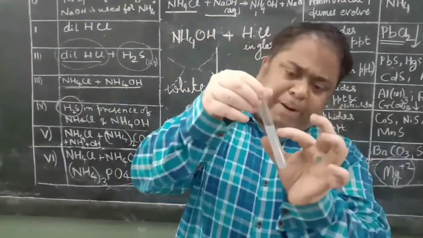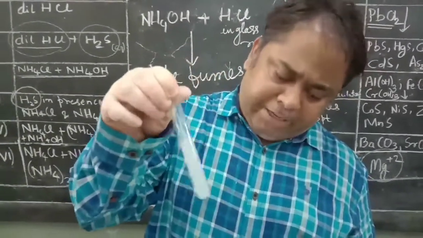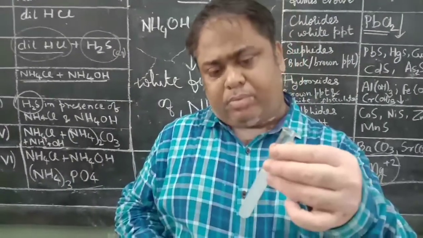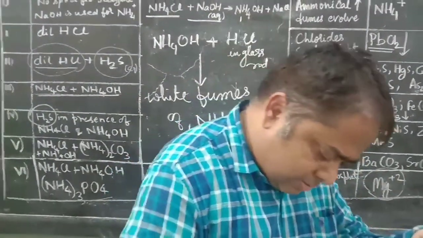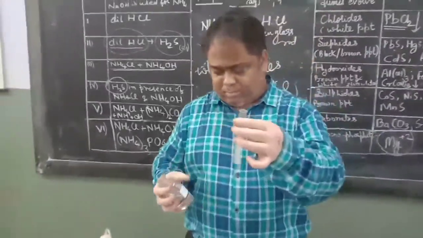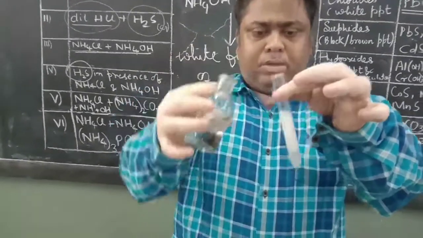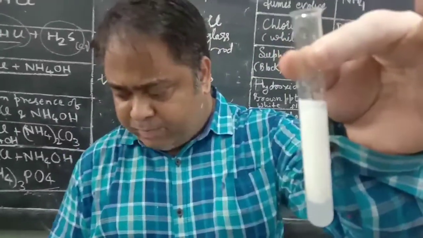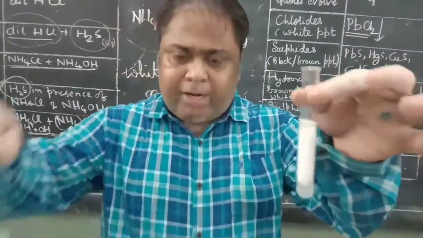Now there is no solid particle in this. But if I add HCl, let us see what happens. Now you can see the difference between the white precipitate and the colloid.